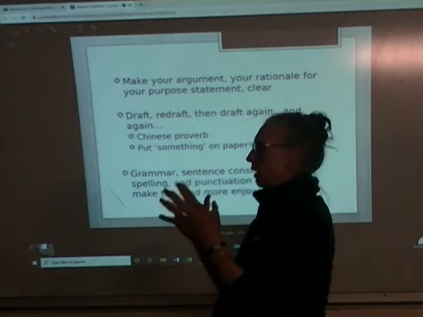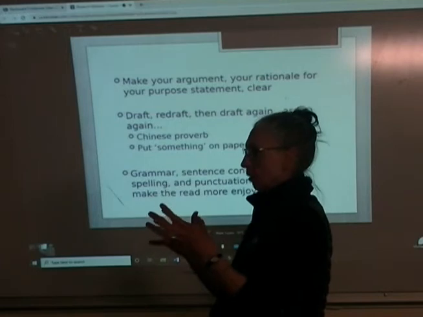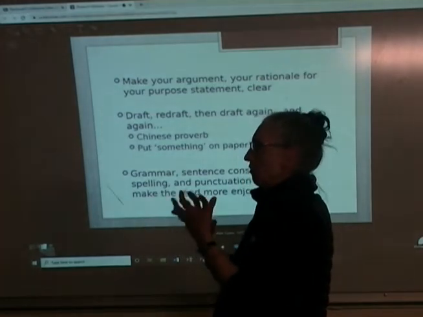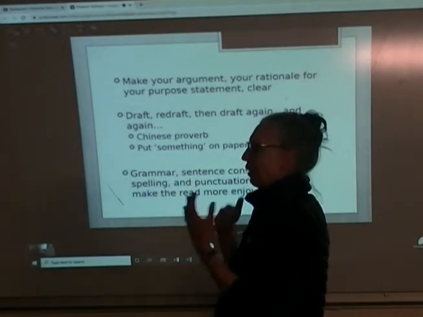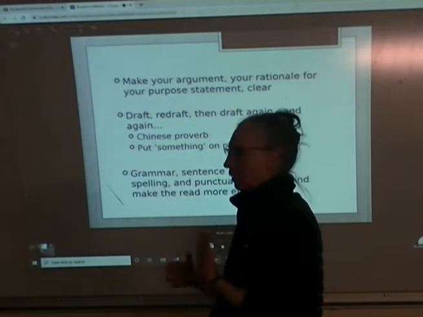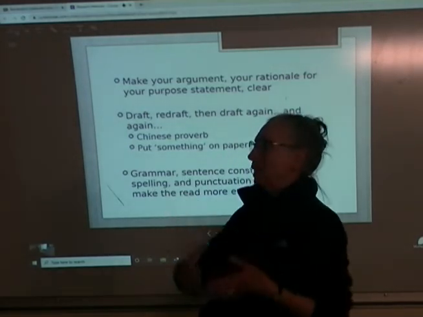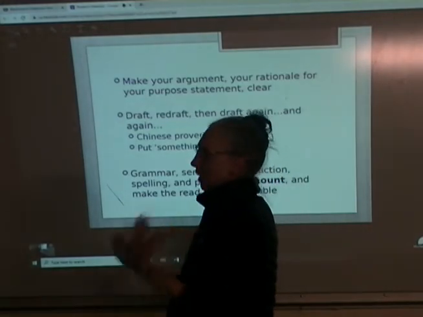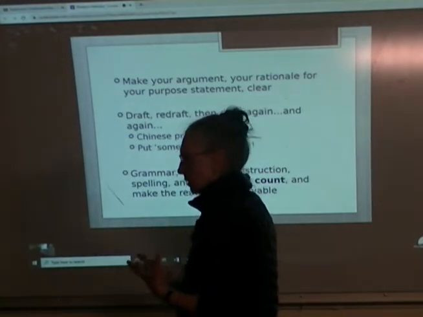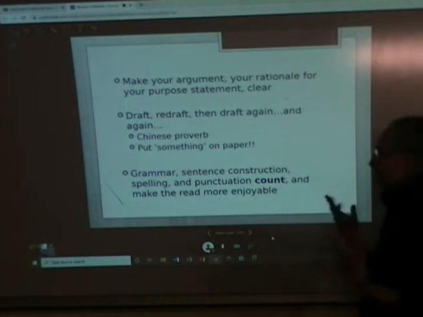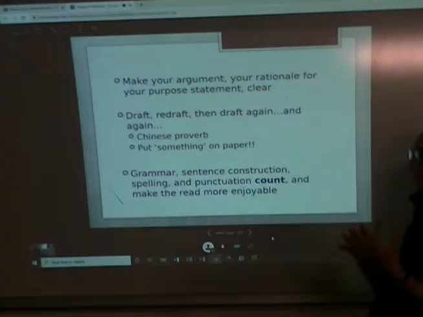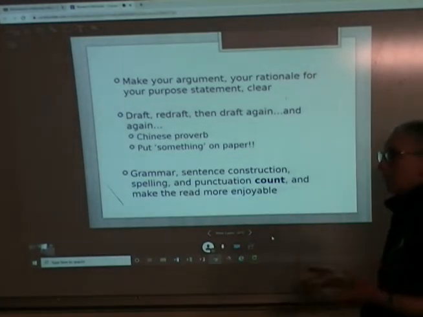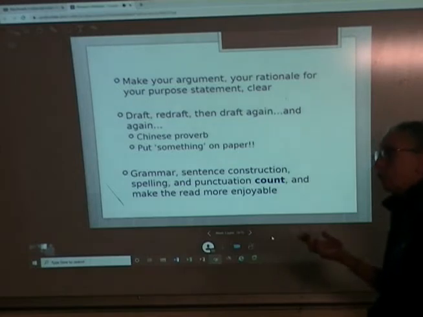It's kind of like practicing a motor skill, right? If I want to be good at the motor skill, I have to keep trying it. If I want my paper or my writing to be good, I have to keep practicing. So that often means I have to do more than one draft of a paper before I submit it for a final grade, okay?